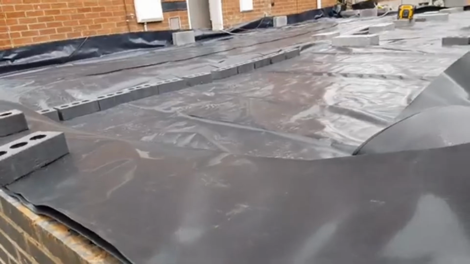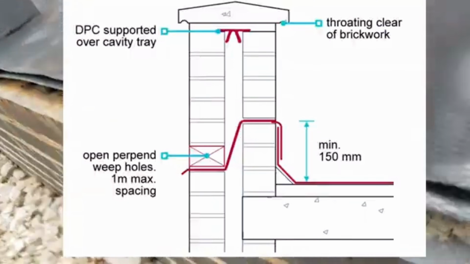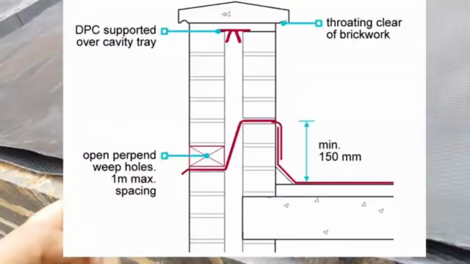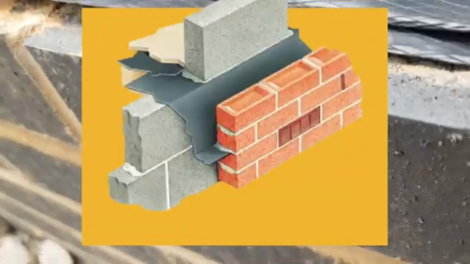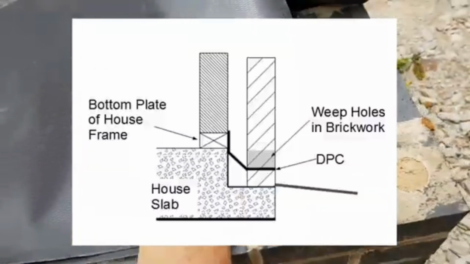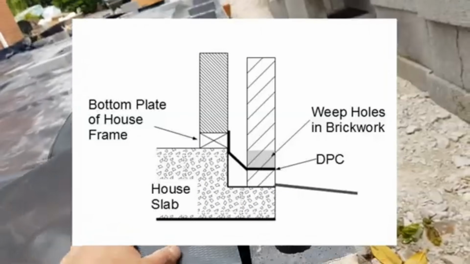And on the installation of DPC and DPM, it's not just about having them put in. They have to be put in the correct way, because if you do not do that, it will be as good as you didn't put any of this. The DPC has to be at least 150 millimeters from the ground level, and make sure that, especially on the parts where they overlap, they have been done correctly.